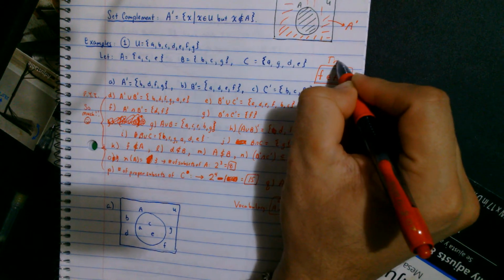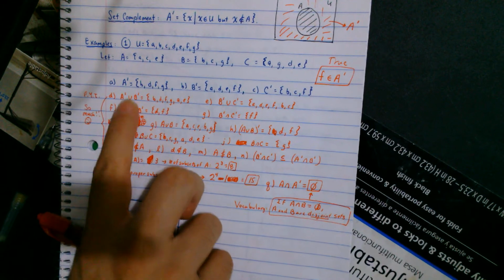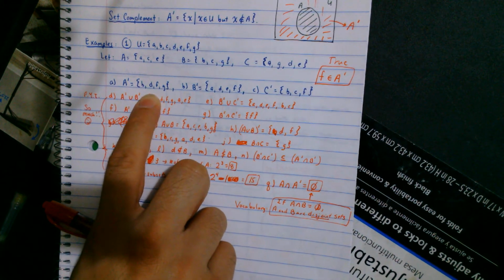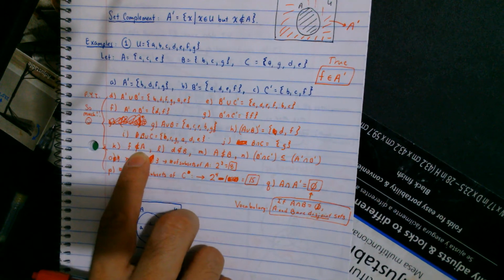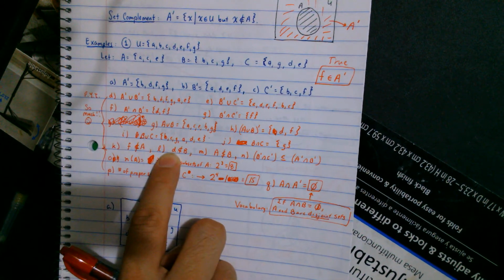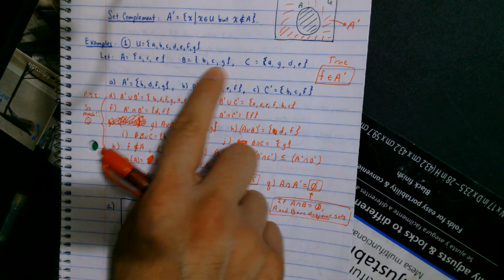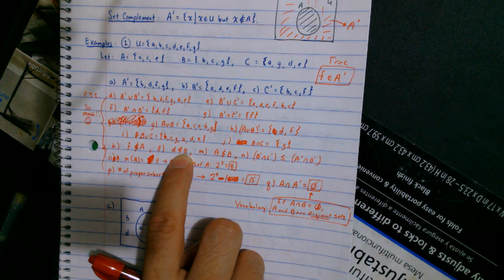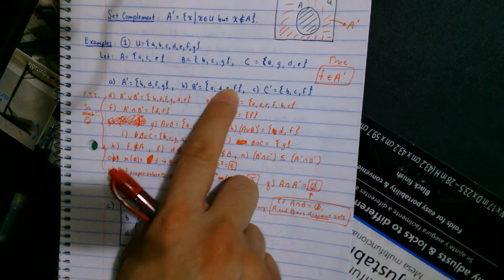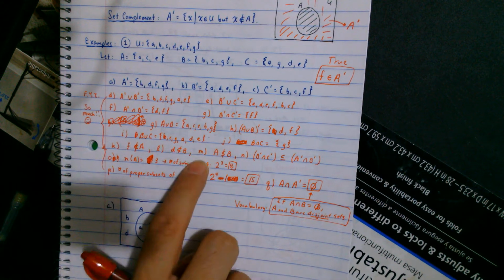That would be true because A complement is right here. F belongs there, but it doesn't belong in the original set A. D does not belong in the set B. It belongs in its complement, but doesn't belong in the original set.